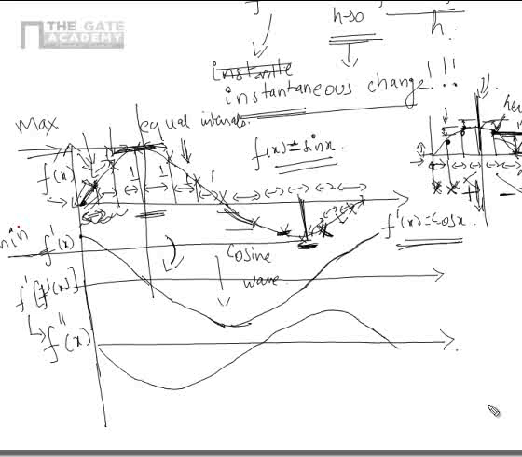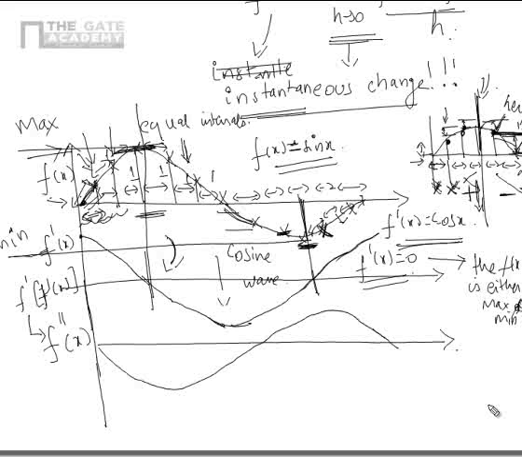And when I see that both at max value and min value, f dash of x is 0. So f dash of x is 0 means the f of x is either max or min.